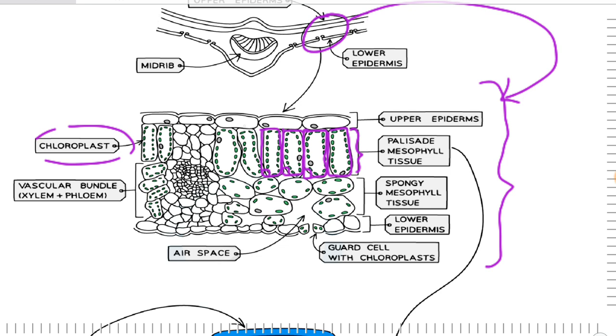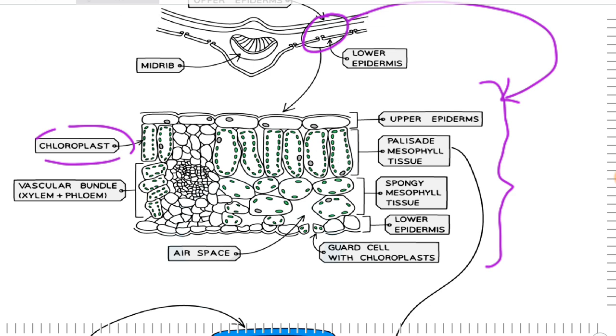So when it presents with more like right angles, that allows enough light to penetrate and to reach all the chloroplasts that are found within the mesophyll cells. So one adaptation that we'll find there is that the mesophyll cells are arranged at right angles. That right angles allows them to get enough sunlight. That's the position or orientation that allows them to get much sunlight.